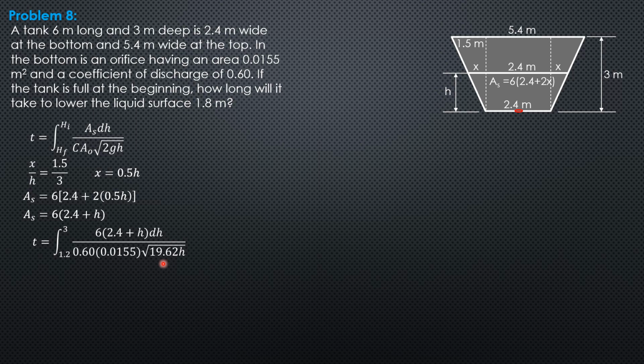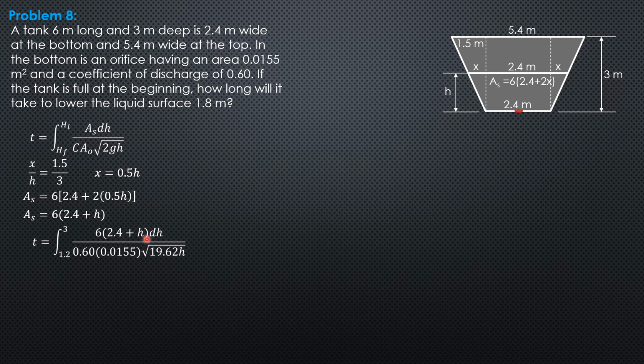Then the integral would be 2.4 over square root of h, or 2.4 h to the negative 1 half. The integral of 2.4 h to the negative 1 half is 2.4 h to the 1 half over 1 half. 2.4 over 1 half is 4.8 h to the 1 half, or 4.8 square root of h.